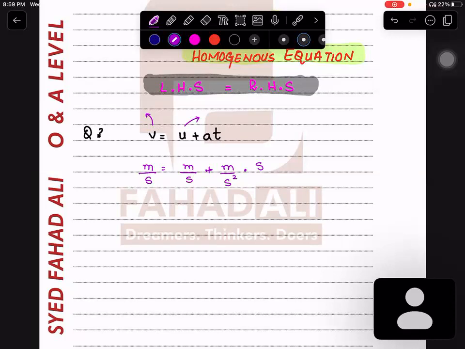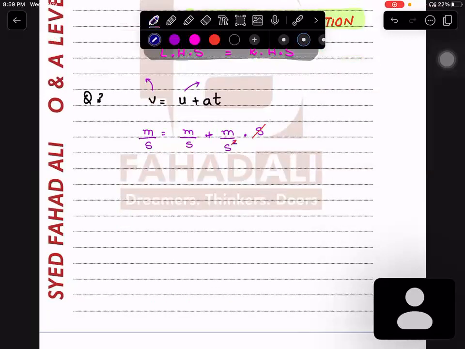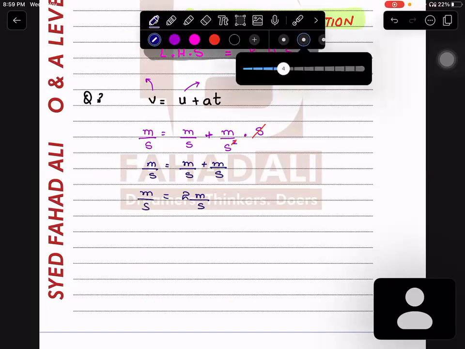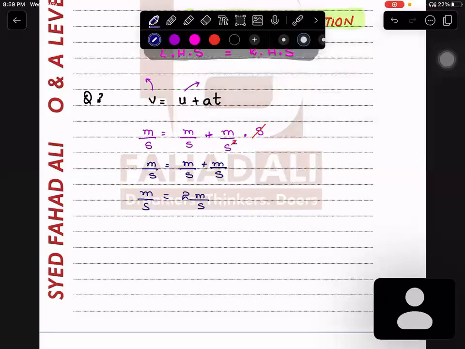Now, simplifying this, second square and second cancel. You get meter per second is equal to meter per second plus meter per second. So this becomes 2 meter per second. Again, there is a rule which you have to remember for homogeneous as well.